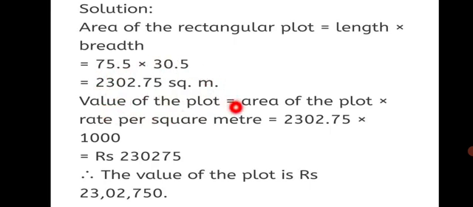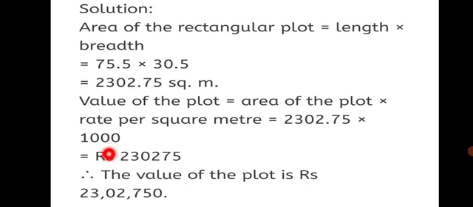Now this is the area of the rectangular plot. Value of the plot will be equal to area of the plot into rate per square meter. Do we have rate per square meter given? Yes, it is 1000. So the value of the plot will be equal to area of the plot, which we found out, 2302.75 into the rate per square meter is 1000.